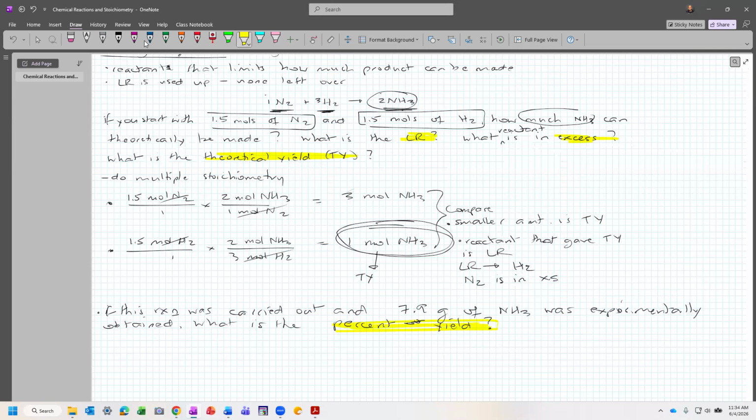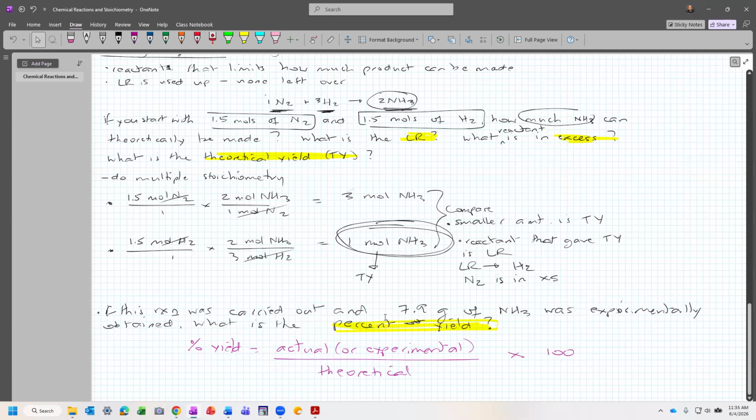The formula for calculating percent yield is the actual yield that you get from doing the experiment, sometimes called the experimental, divided by the theoretical yield, times 100 because it's a percent, right?